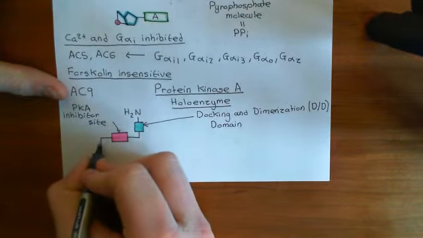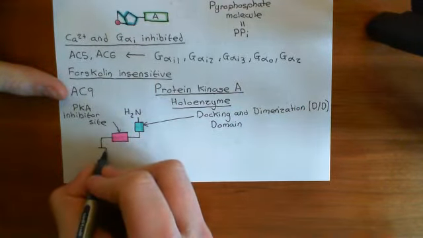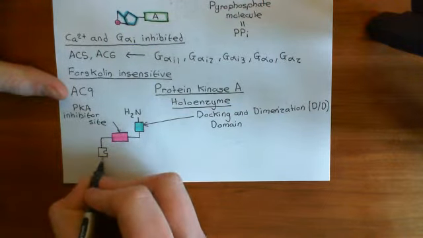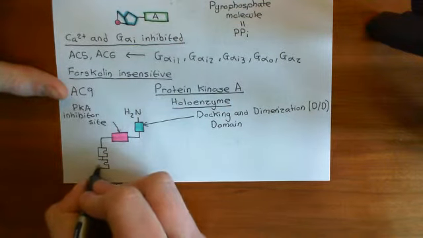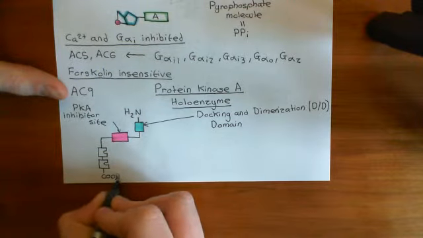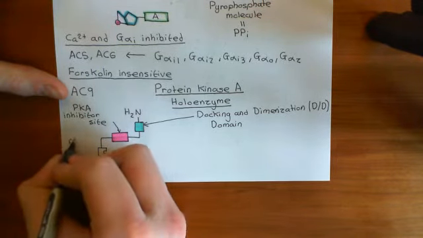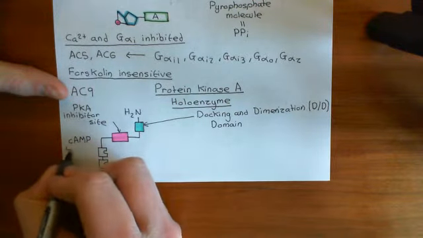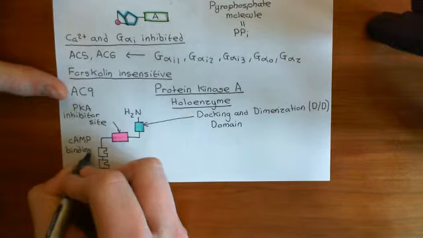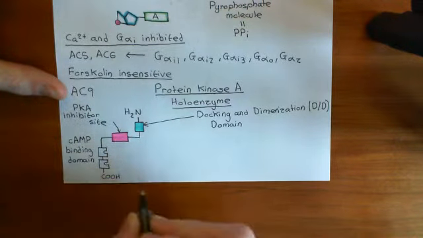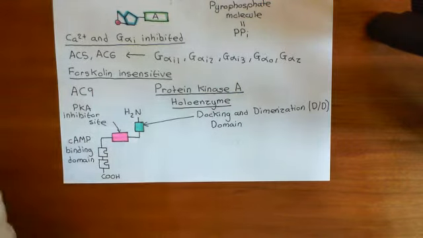Then the 2 next domains which I wish to talk about are the cyclic AMP binding domains. You have 2 of these and they're next to each other, and the fancy way of saying that is to say that they're in tandem. So these are the 2 in tandem cyclic AMP binding domains, and I'll try and squash this in down here. These are binding domains for cyclic AMP, so this is how cyclic AMP is going to interact with the protein kinase A holoenzyme to cause a change.